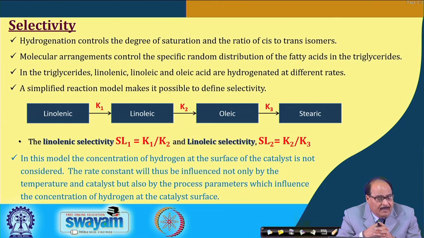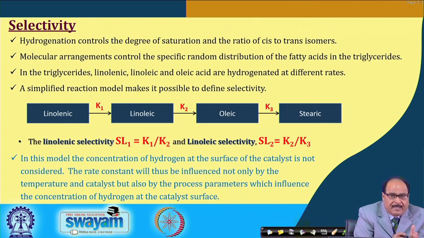In the triglyceride, linolenic, linoleic and oleic acid have different unsaturation levels. So, they get hydrogenated at different rates, and that can be seen in a simplified reaction model here.